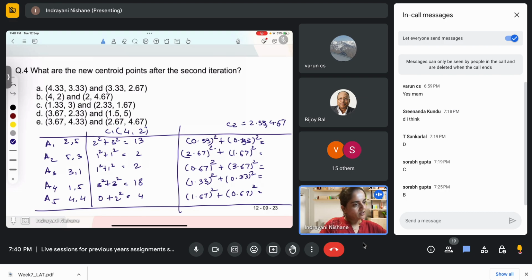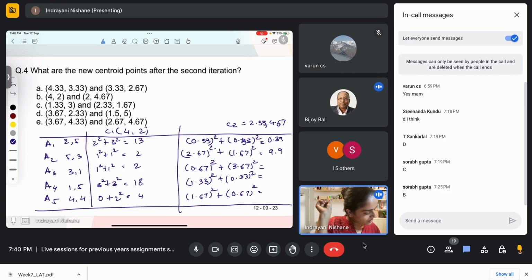What will be 0.33 square plus 0.33 square? Roughly 0.3898, so we can write 0.39 in 2 decimals. This will be roughly around 9 point something, 9.9178.